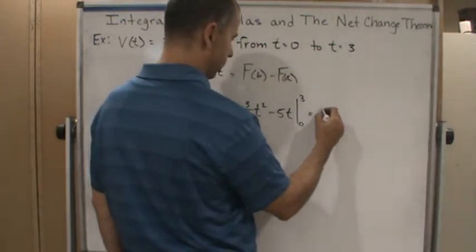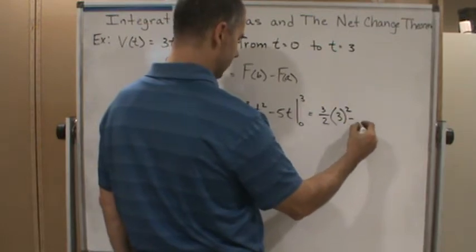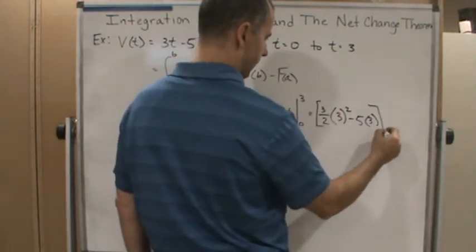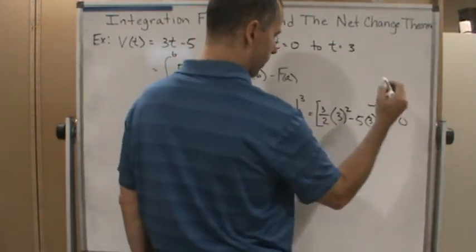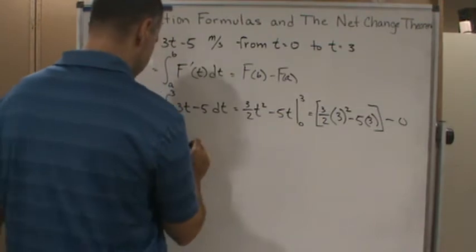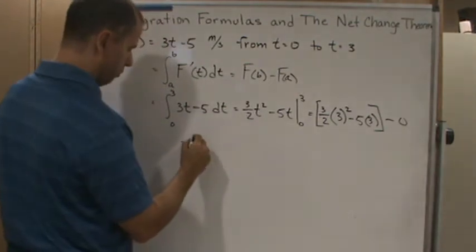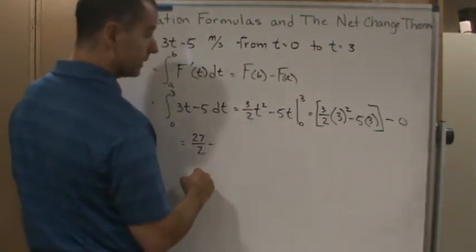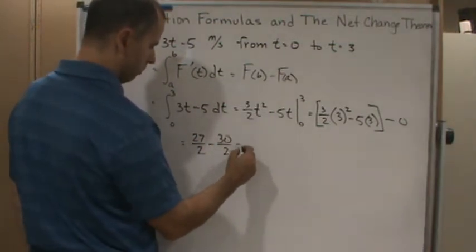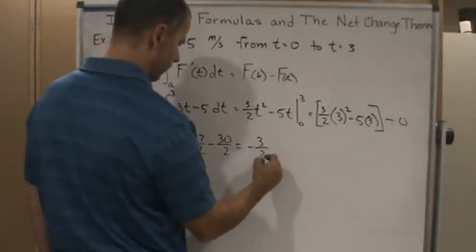So this is going to be 3/2 times 3 squared minus 5 times 3. Like I said, I'm going to subtract off 0, because at 0 this whole thing becomes 0. So what happens to this thing? It becomes 27 over 2 minus 15, which is the same as 30 over 2, which is going to equal negative 3/2.